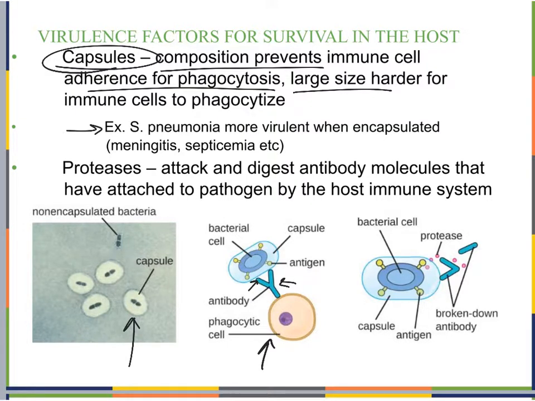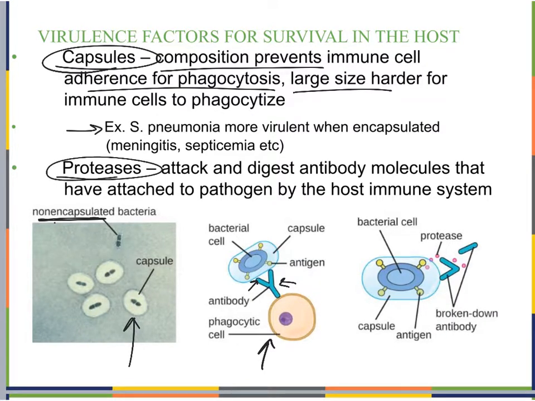We can have things like meningitis or septicemia and some other more severe things when it's encapsulated, but it's not always encapsulated. When we have non-encapsulated bacteria, even S. pneumoniae, then we don't have as much of an issue. We don't have things that end up being life-threatening oftentimes. And you can see the difference between this non-encapsulated bacteria here and this really thick capsule in the image here. It clearly protects that bacteria.